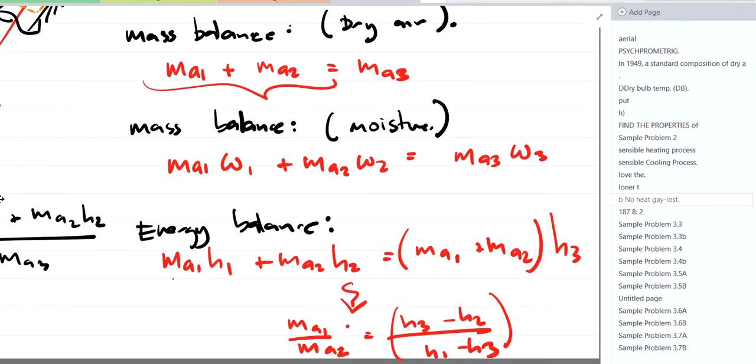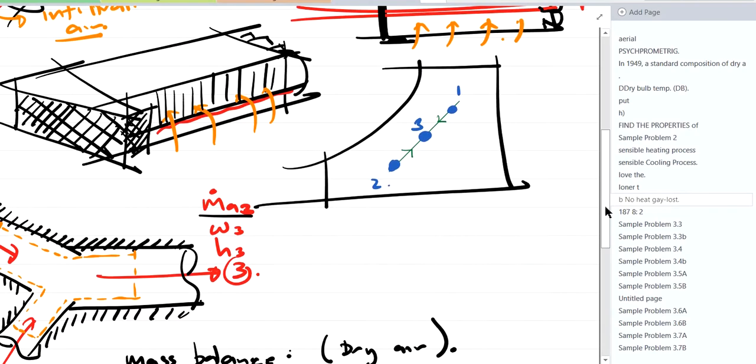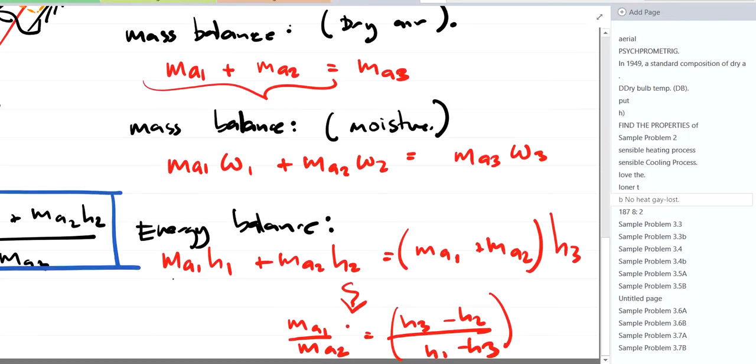And for the humidity ratio, we have MA1, of course, times the moisture content plus MA2, divided by MA3.